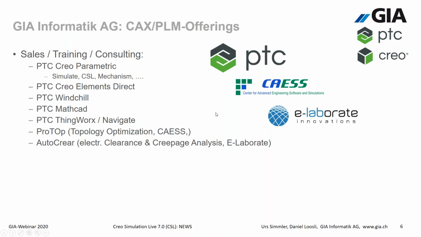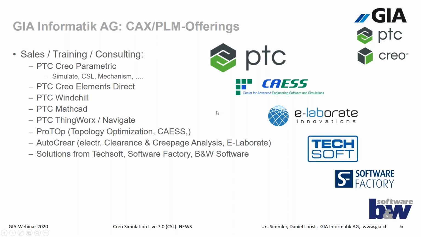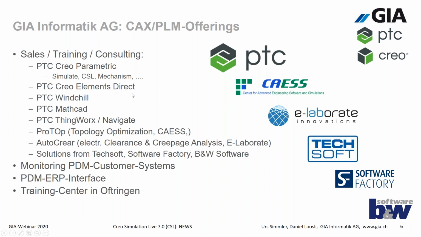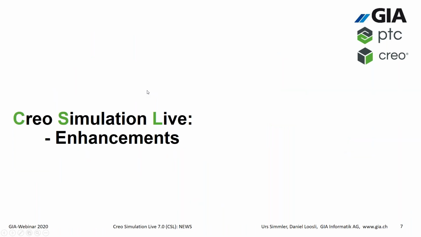From Elaborate, the German company from Nuremberg, electrical clearance and creepage analysis. And we also support solutions from TechSoft, Software Factory, and B and W Software. We are monitoring PDM systems from our customers. We have our own training center, and I think we're quite experienced.